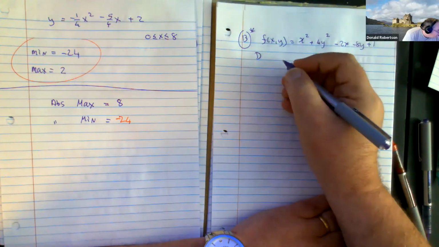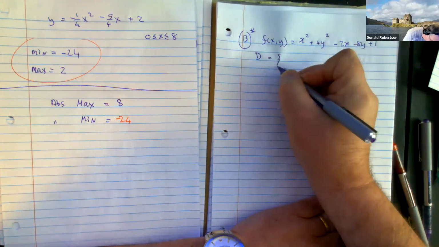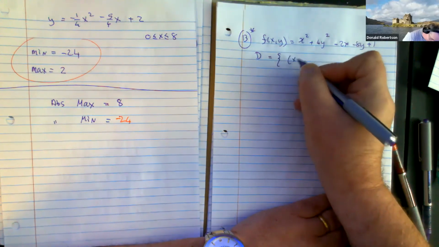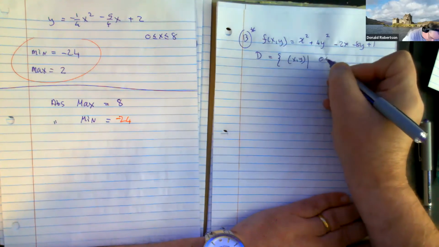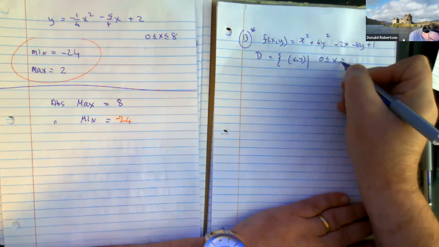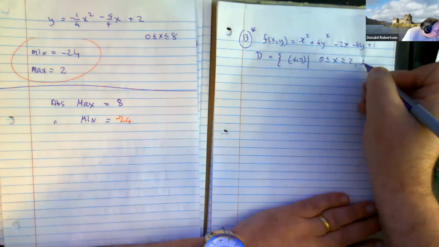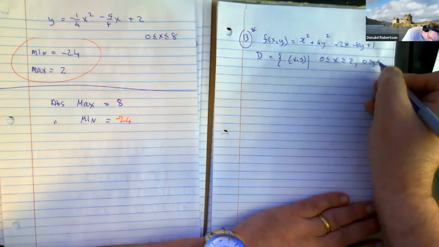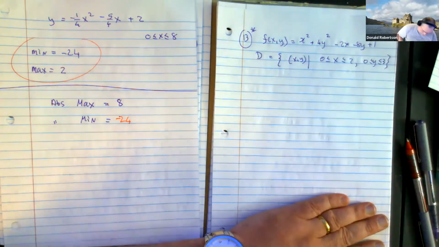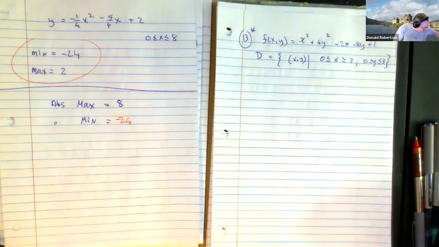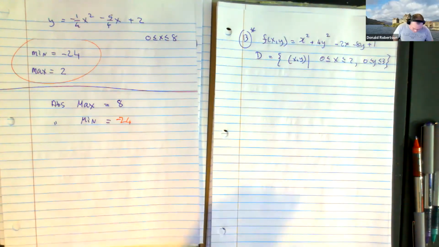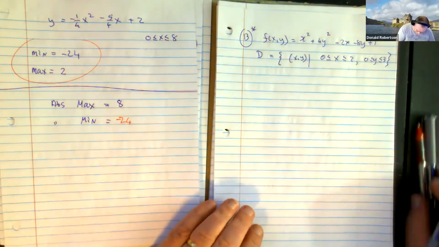And the region that we are restricting is that we can only use points in this region here. We're going to find the absolute max and the absolute minimum of this function inside this constraint.